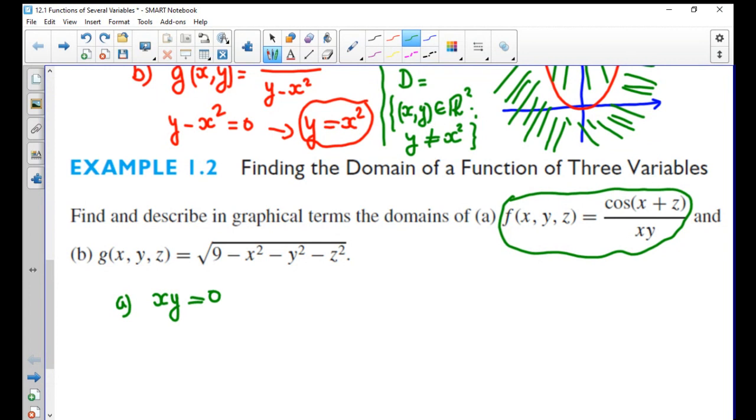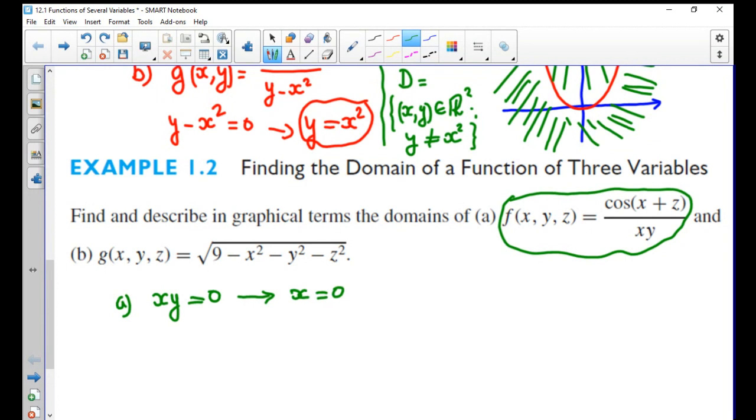Now, what does that mean if we say xy equal to 0? There are 2 ways to have xy equal to 0. That means either x is 0 or y is 0.